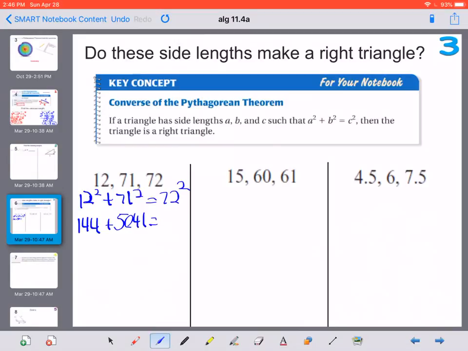And then 72 squared, so 72 times 72, gives me 5,184. Now if I add up 144 and 5,041, I get 5,185. 5,184. Those two are very, very close, but they do not equal each other, so this is not a right triangle.